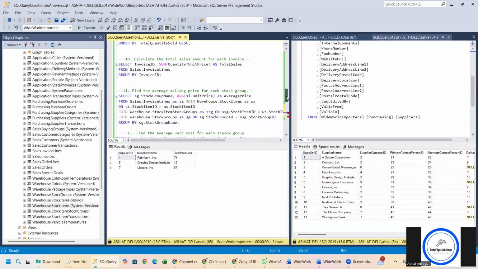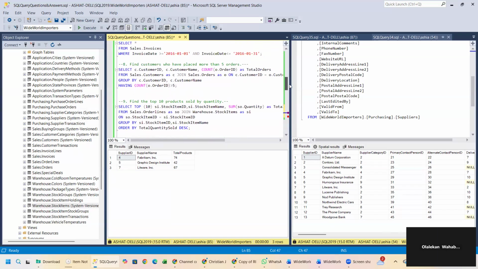Wait, let me go back. We select top 10, C dot stock ID.